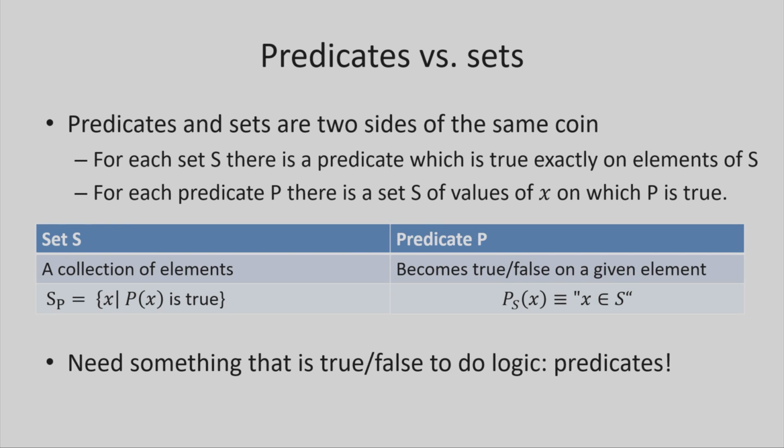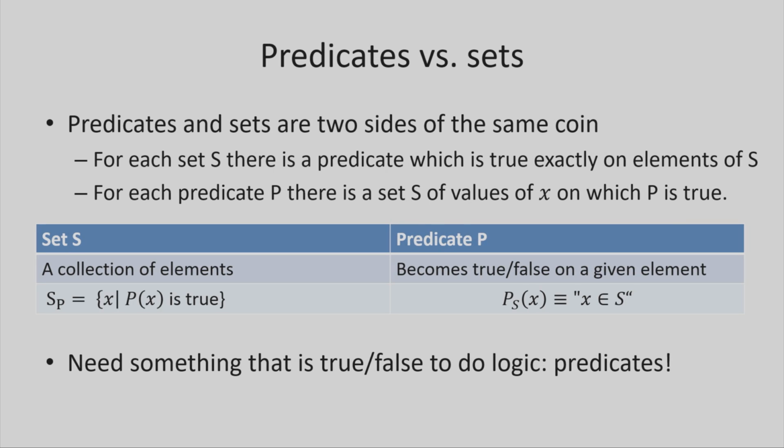You could always, for a given set, define a predicate which is true exactly on elements in the set and false everywhere else. Similarly, you could define a set containing all the values of x from the domain on which some given predicate is true. For that, you will use the set builder notation.